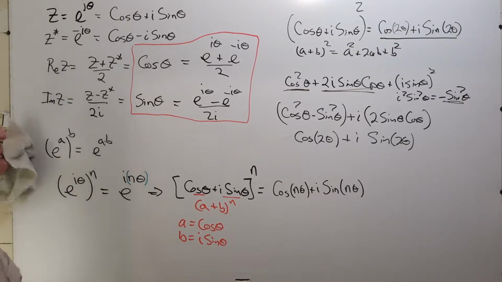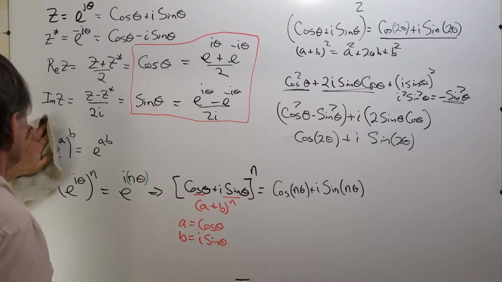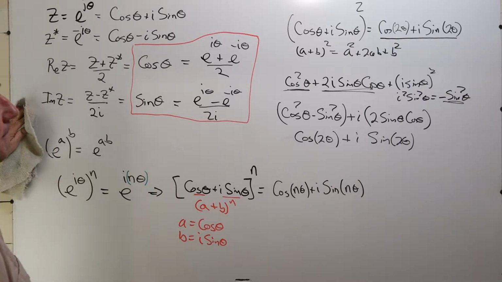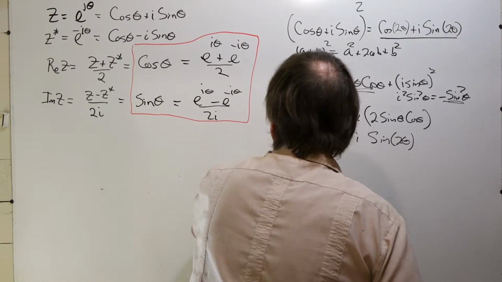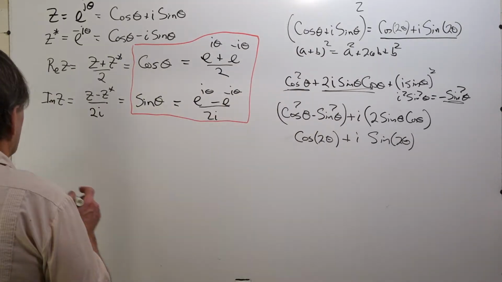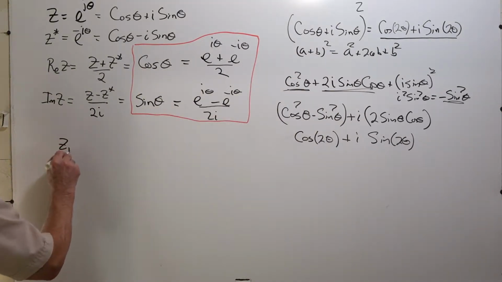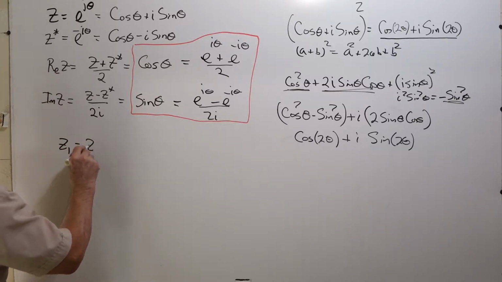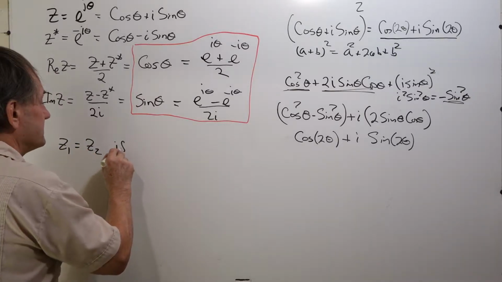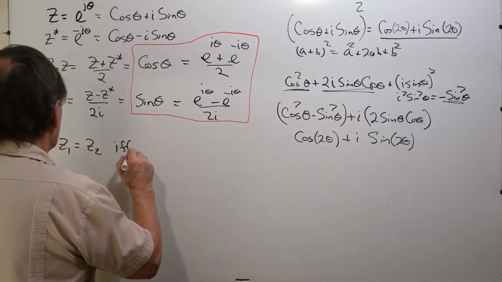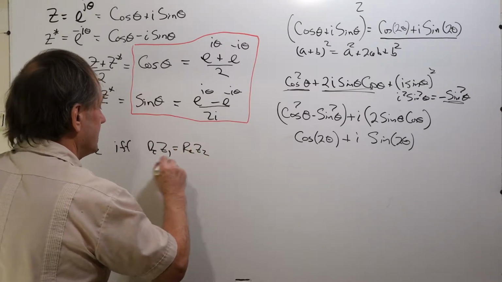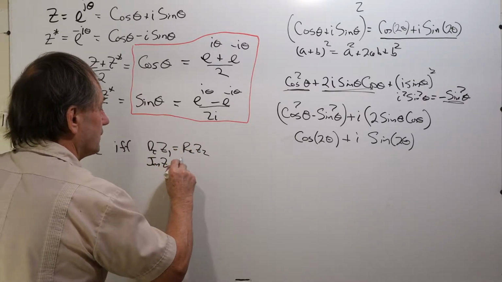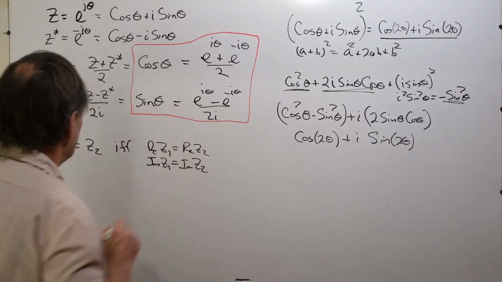So I'll show you that here. If we have two complex numbers, z1 and z2, they are equal if and only if the real part of z1 equals the real part of z2, and the imaginary part of z1 equals the imaginary part of z2.